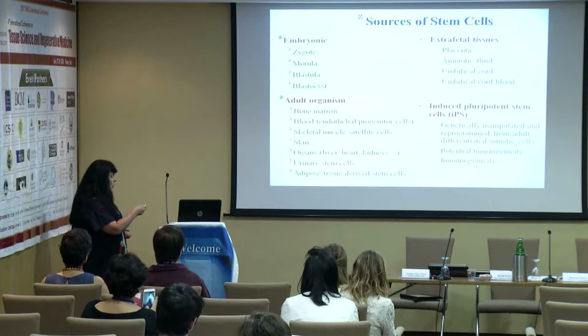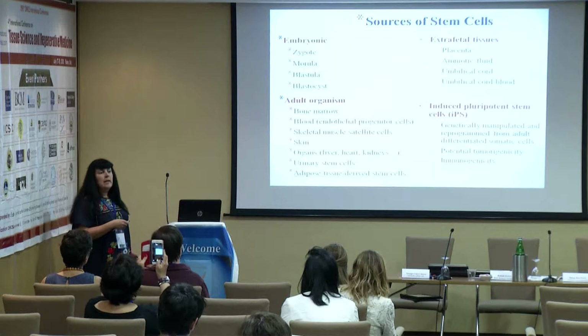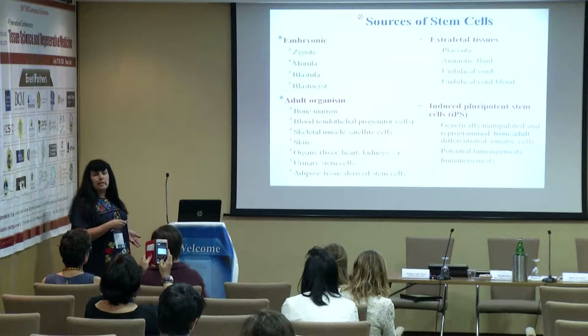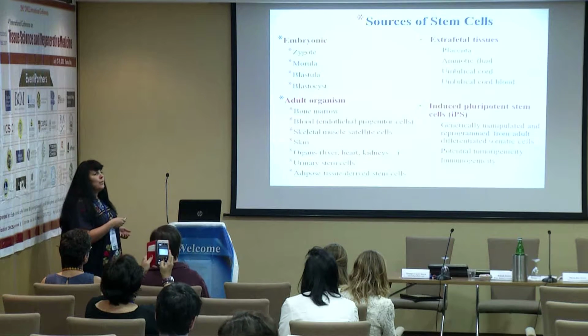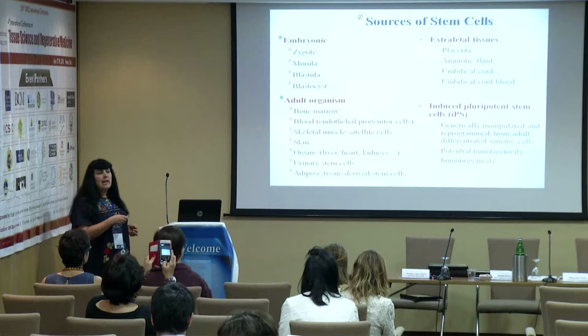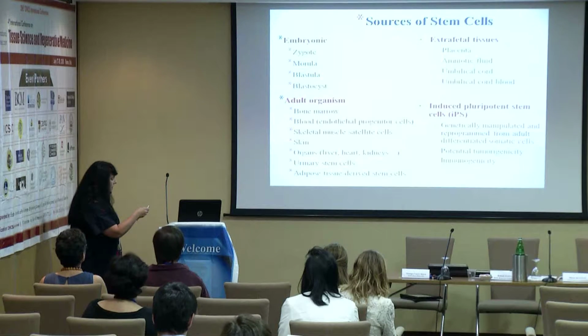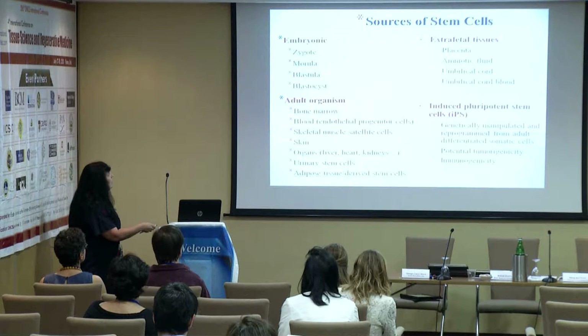But the use of embryonic stem cells is ethically limited in human medicine, and we should search for additional sources, for example, extrafetal tissues, placenta, amniotic fluid, umbilical cord.